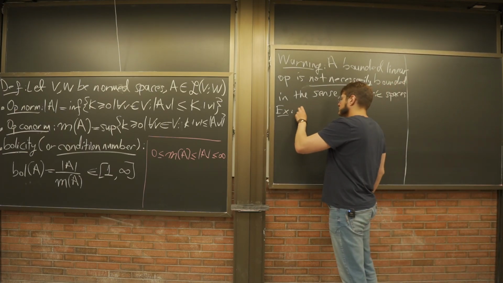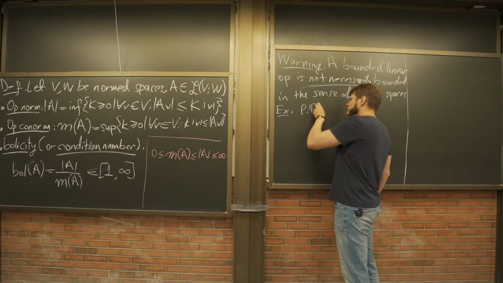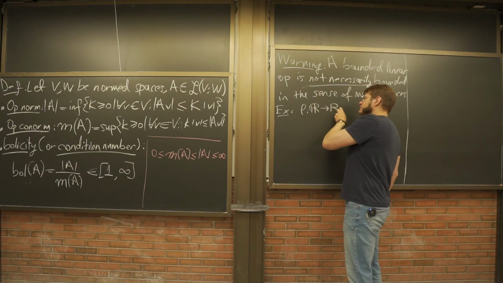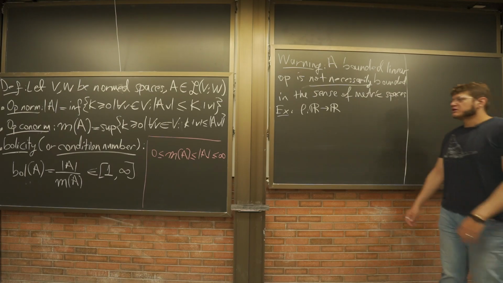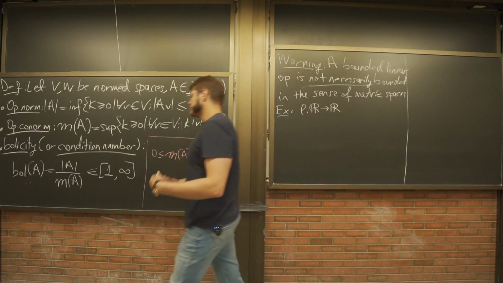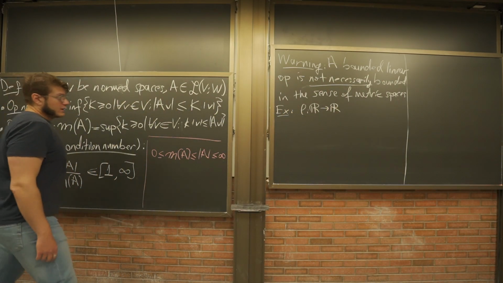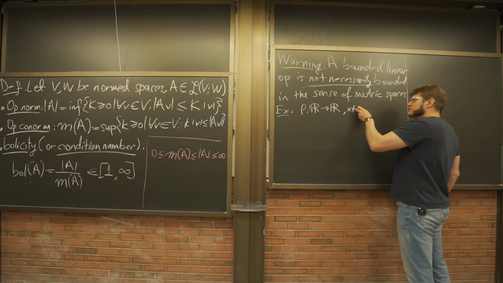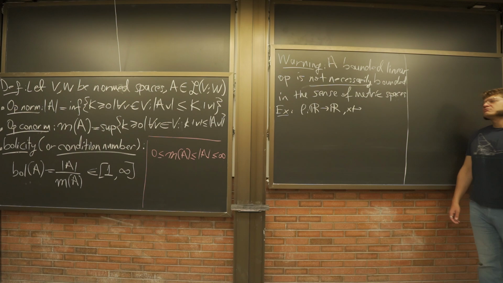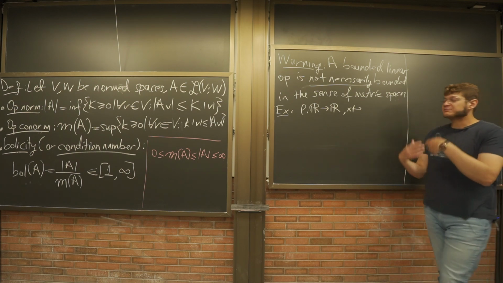Let's say that I have a linear transformation, and the norm I should think of as the absolute value here. It's the standard norm.